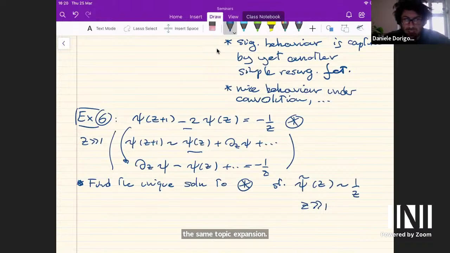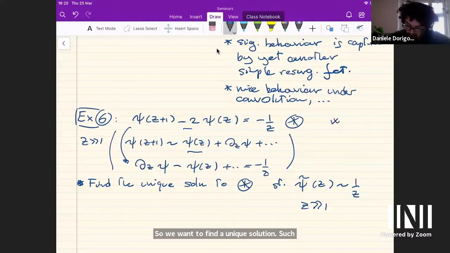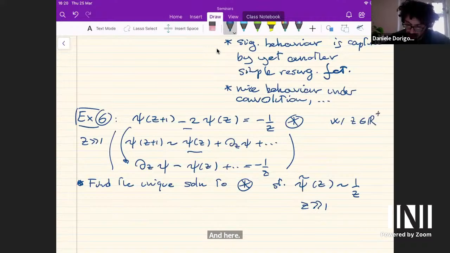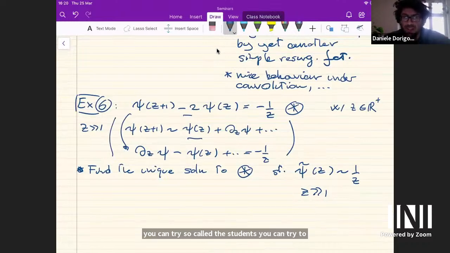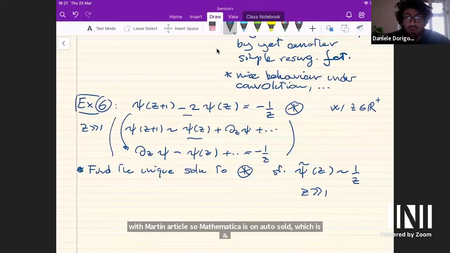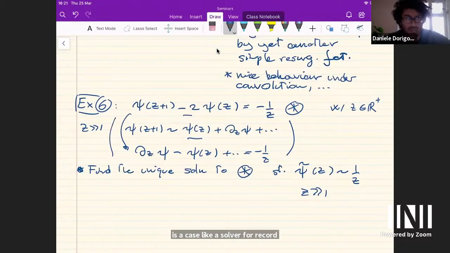So we want to find the unique solution such that it goes to 0 at infinity. Remember, we are thinking of this as a positive coupling constant, let's say. For the students, you can try to play with Mathematica. Mathematica has RSolve, which is a solver for recursion relations. So you can try to use that as well.